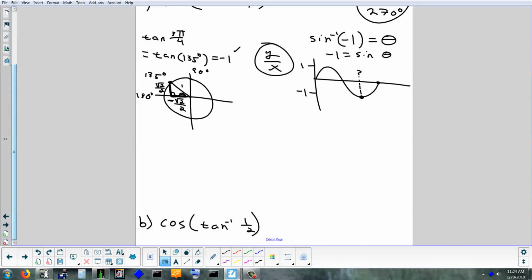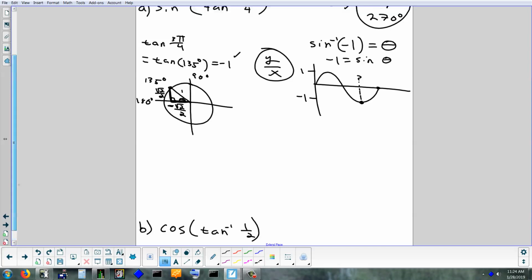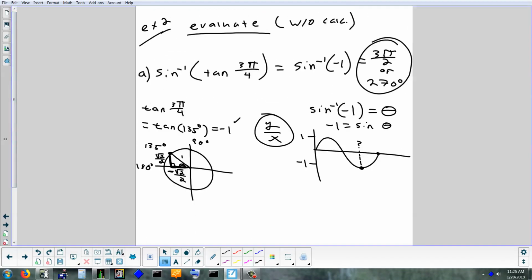You have an actual number, a fractional number. Okay, but we have an actual number here too, right? 3 times the number pi divided by 4. So they both have actual numbers, but that's something they have in common.